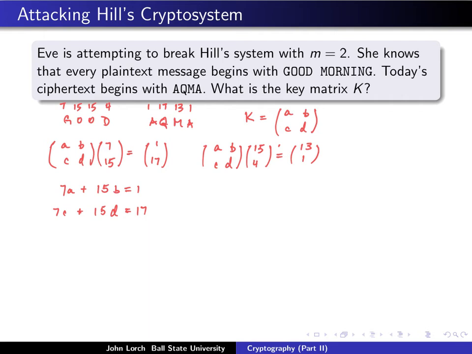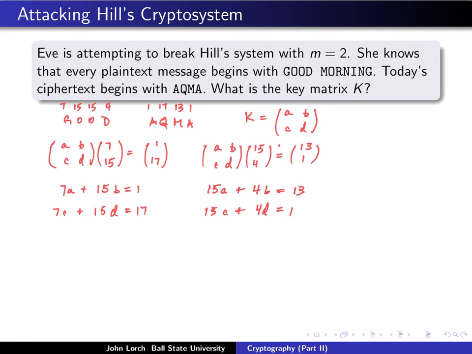Okay, and then over here, this next matrix equation says that 15A plus 4B equals 13, and 15C plus 4D equals 1.